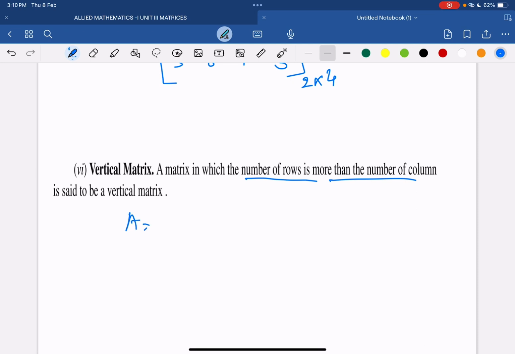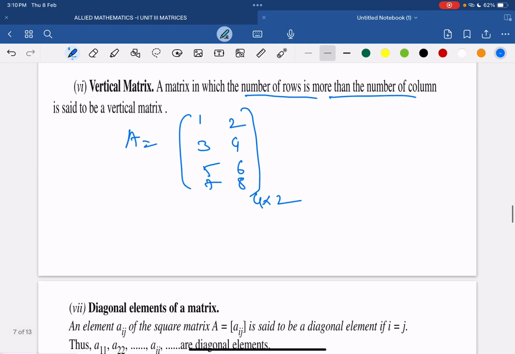For example, A is equal to 1, 2, 3, 4, 5, 6, 7, 8, which is 4 by 2. So this is a vertical matrix.